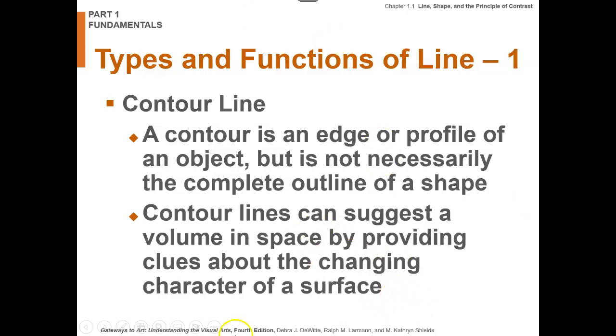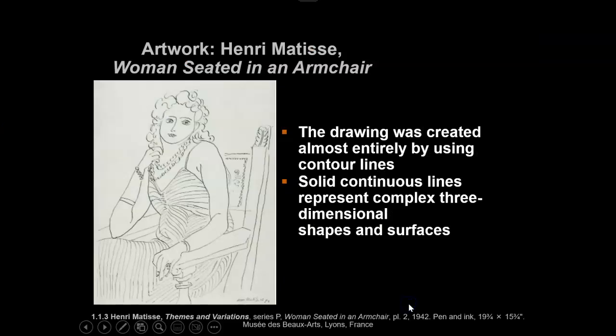And so these are the things that you would talk about, right? For example, if you were doing an analysis on this and I asked you, how did Henri Matisse create volume, you could talk about the use of contour. How does that contour line create that? The solid continuous lines create this three-dimensional shape and surface.